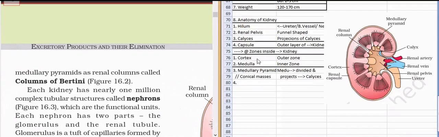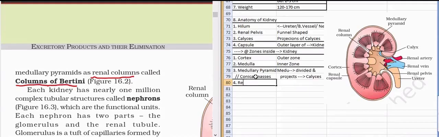So that is called renal columns or columns of Bertini. So now the fourth point is: renal columns are also called columns of Bertini.